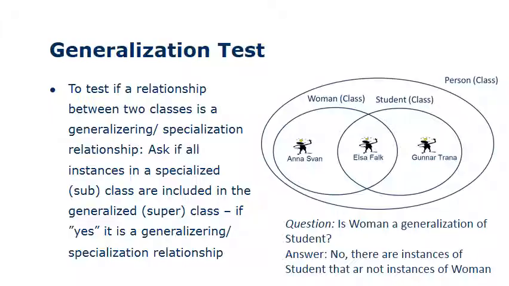A more tricky question: is woman a generalization of student? Well, the test was, are all instances of student included in the class woman? And you can see that Gunnar Trana is not included in the class woman. So no, woman is not a generalization of student, meaning student is not a specialization of woman.